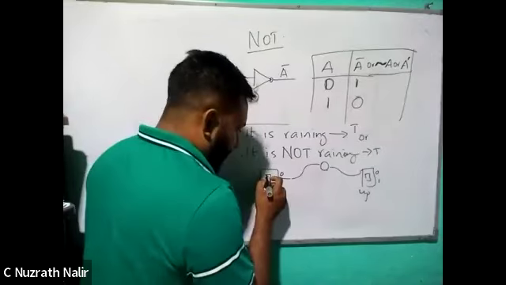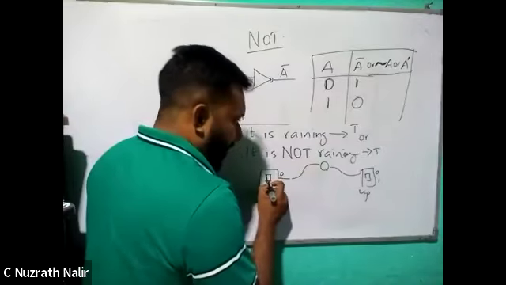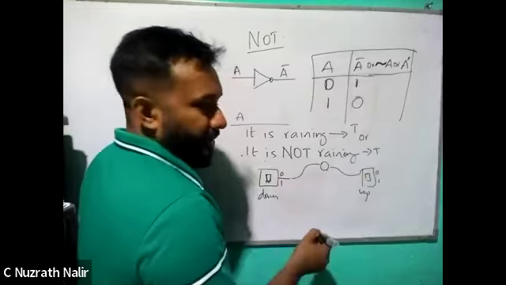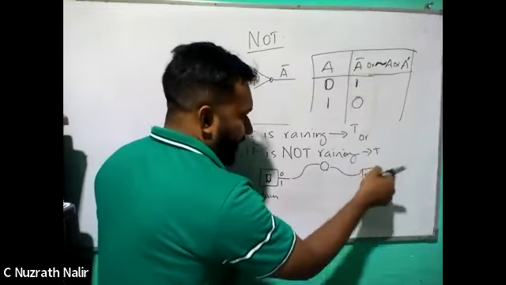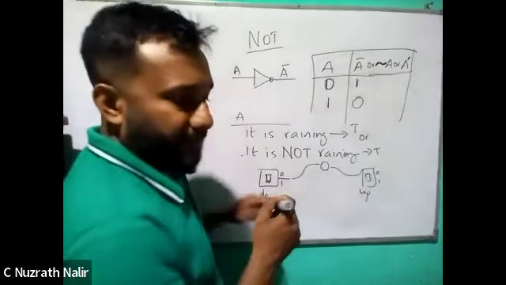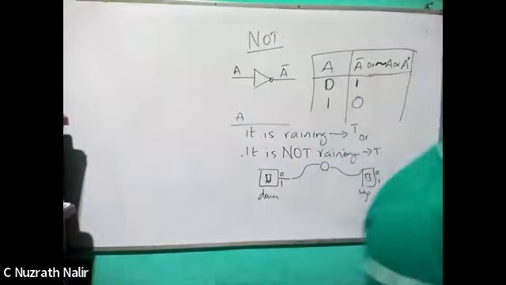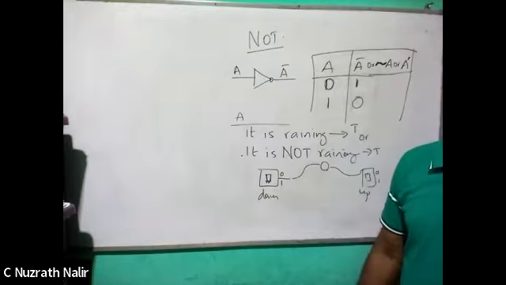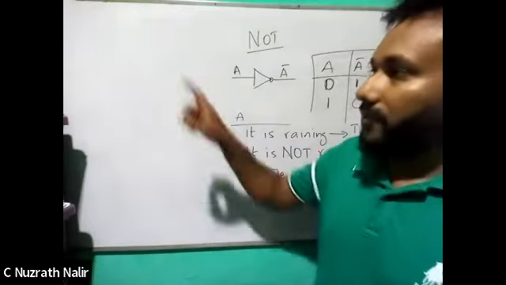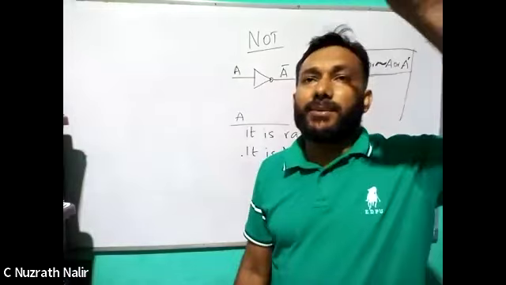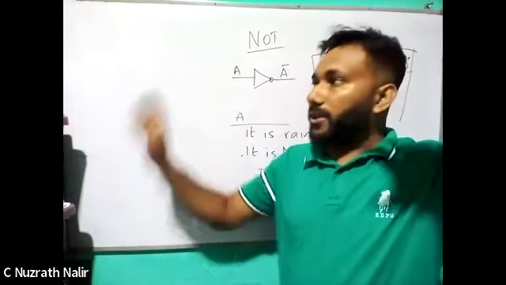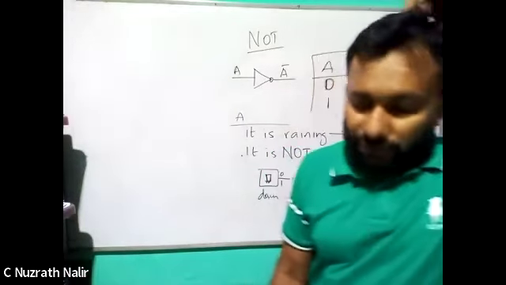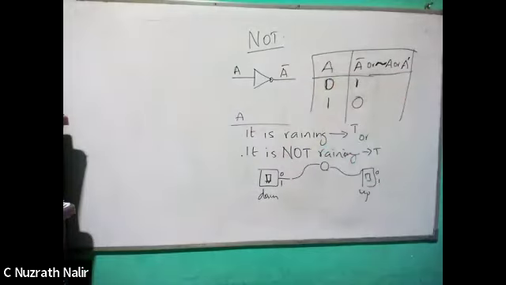If you switch on downward, then this should be switched off. Then if you go upstairs and switch off, then automatically it will be 1. Likewise, there are so many real world applications. When you switch on this charger or inverter, automatically it will be switched off, and when you switch off, automatically it will be switched on. That is the concept of the NOT gate.